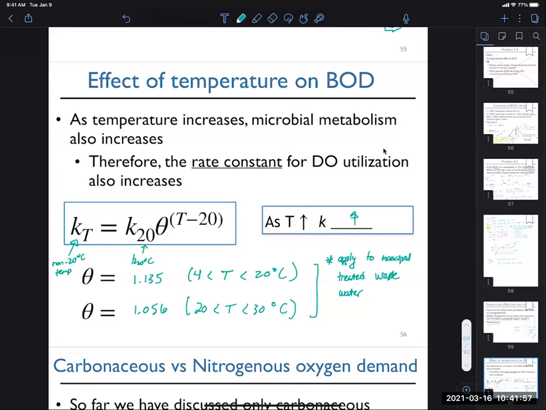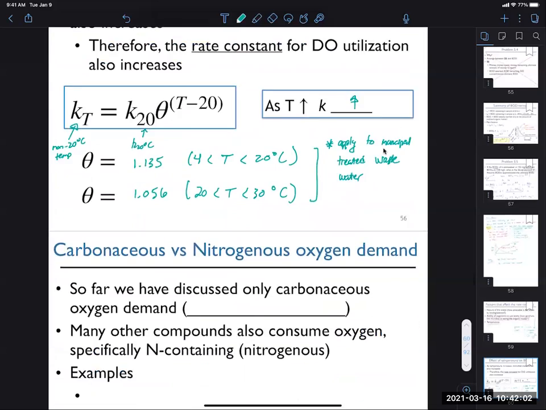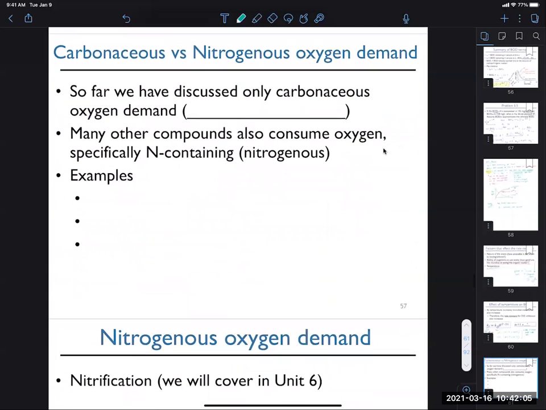So before we actually focus on the oxygen sag curve, I want to talk briefly about carbonaceous versus nitrogenous oxygen demand. So far we have really only been discussing CBOD, that is the carbonaceous part, but there's many other compounds that also consume oxygen. Some examples include inorganic nitrogen, things like ammonia and ammonium, and then organic nitrogen.